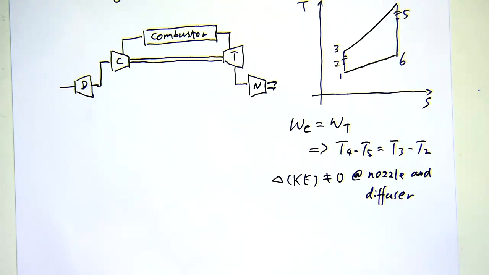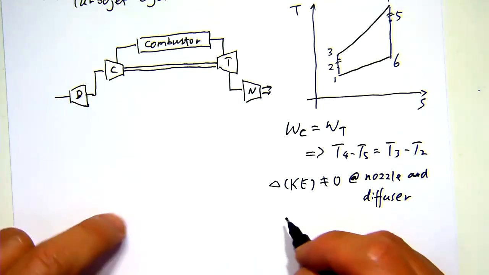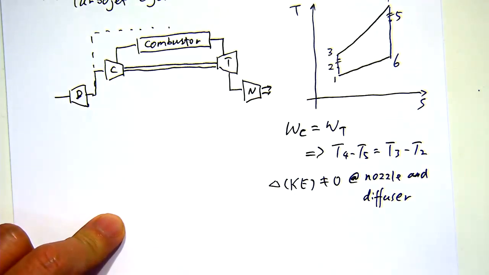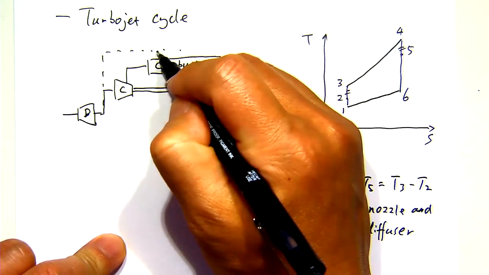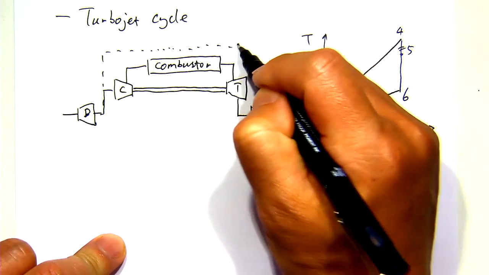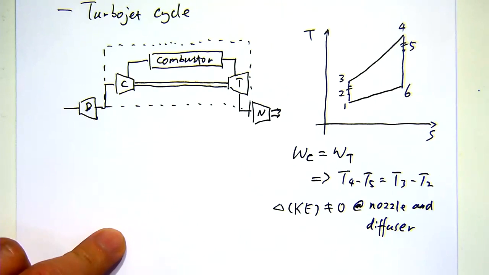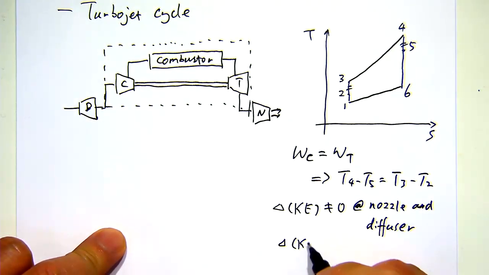The nozzle certainly is always used for any aircraft propulsion using gas turbines. But other than that, for the rest of the system, if I use a dashed line box to indicate it, the delta KE is equal to 0.